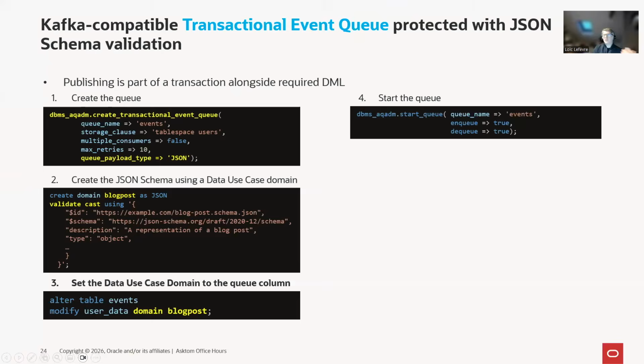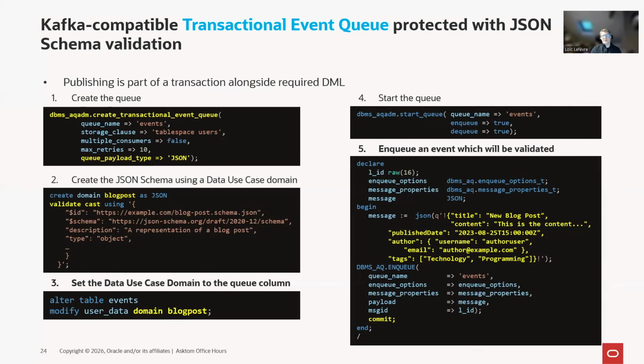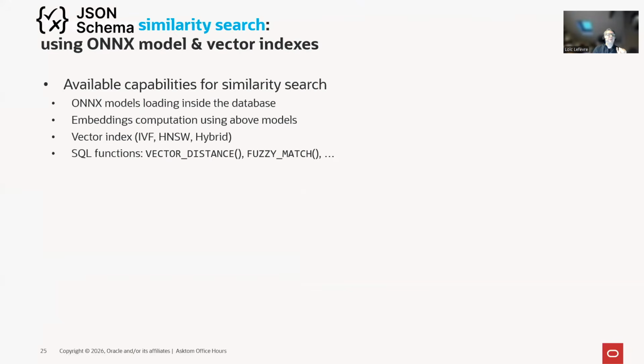Then you start the queue, and then you can benefit from it. So if you enqueue an event that is not valid for the JSON schema, it will fail and raise an error. I can show you how it works, but basically you will have all of the demo code available on a GitHub account.